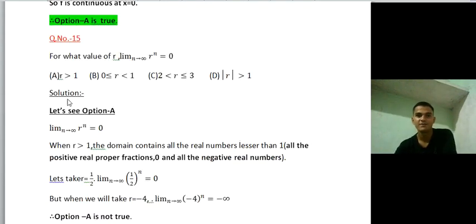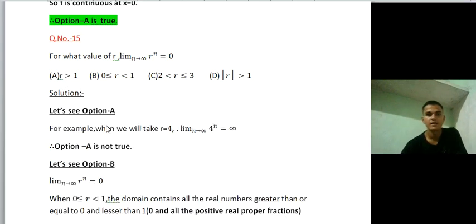Let's see option A. If r is greater than 1, for example, we can take r equal to 4, 5, or any number which is greater than 1.